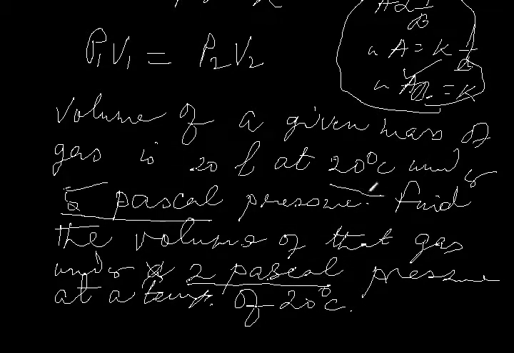Temperature remains unchanged and the volume will be changed due to change of pressure. Here the relation between volume and pressure will be applicable. So Boyle's law is applicable here.